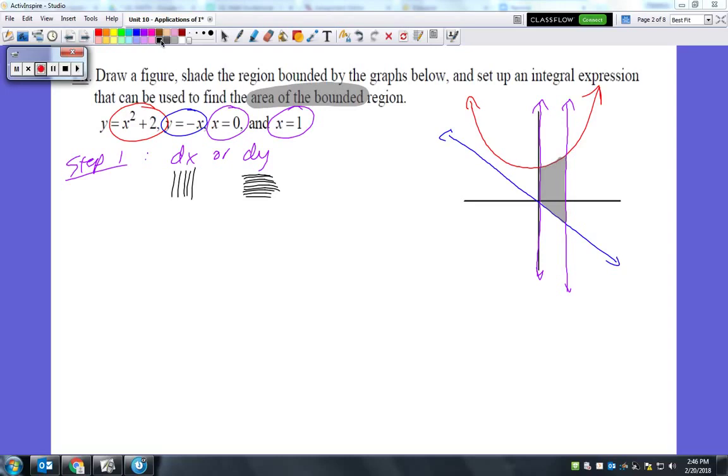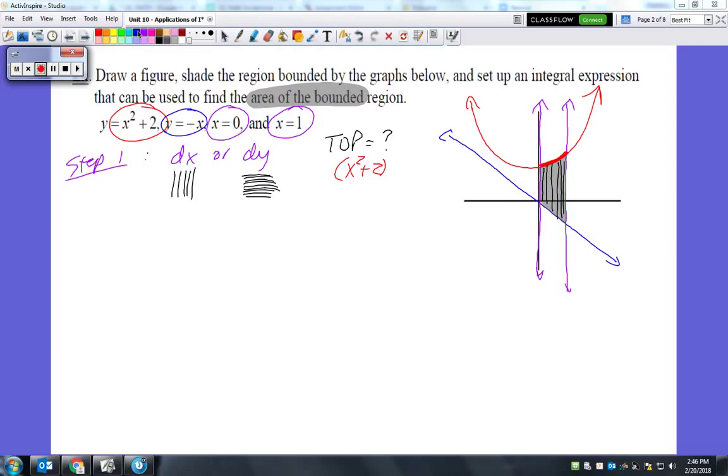Okay, so let me show you the difference. If we did dx, that means across this entire thing we're doing vertical slices. What's my top function? X squared plus 2, right? It's the red one, right here. Is it always the top in that entire interval? Yes.